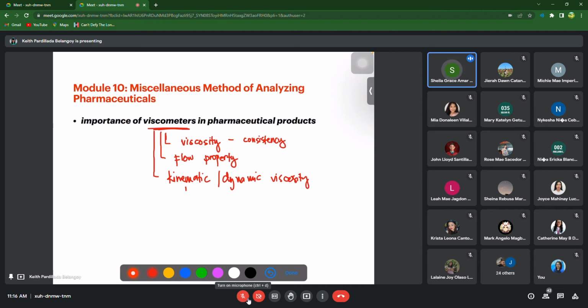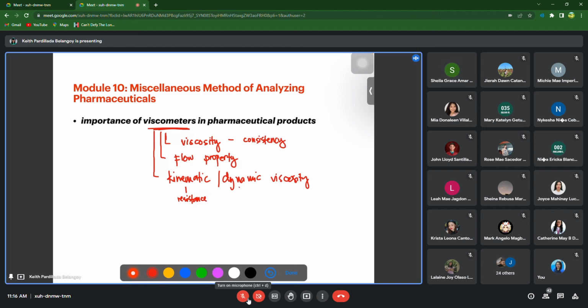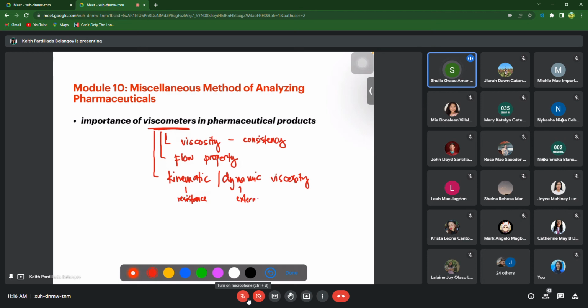If it measures the fluid's resistance to flow when external force is applied, that is dynamic viscosity. Kinematic viscosity is defined as the ratio of absolute viscosity to the density of the fluid. If it measures the resistive flow of a fluid under the weight of gravity, that is kinematic viscosity.